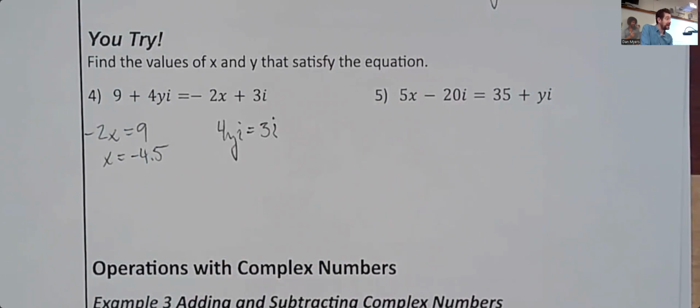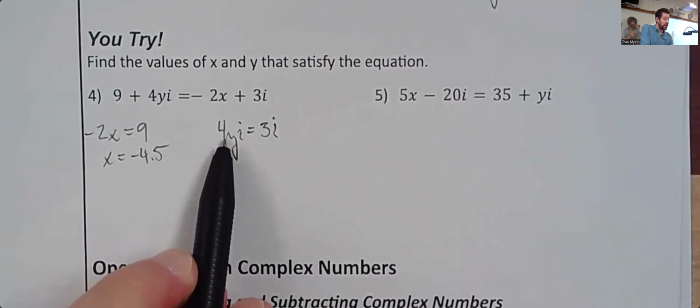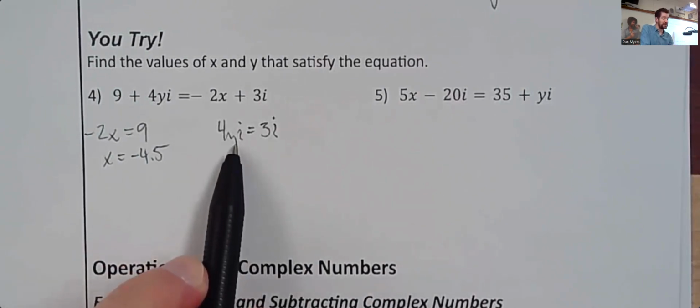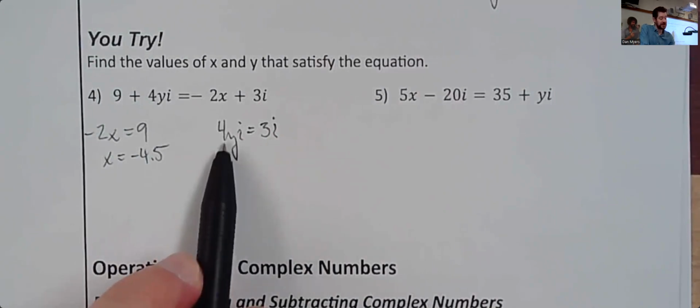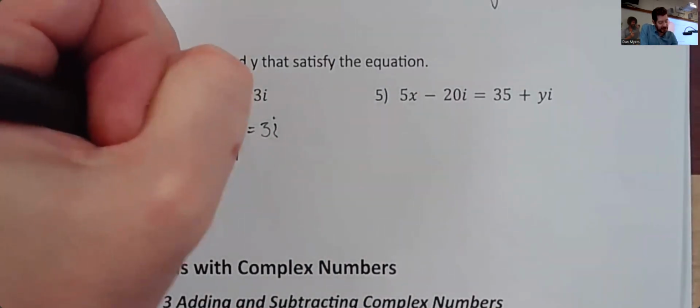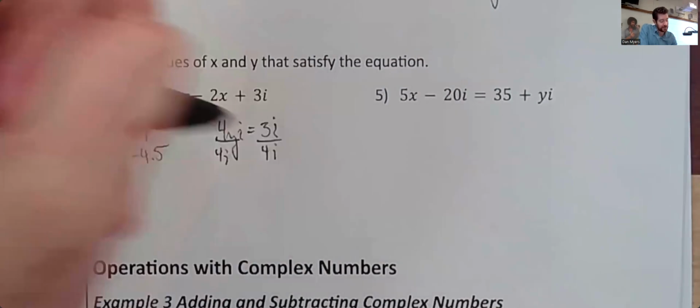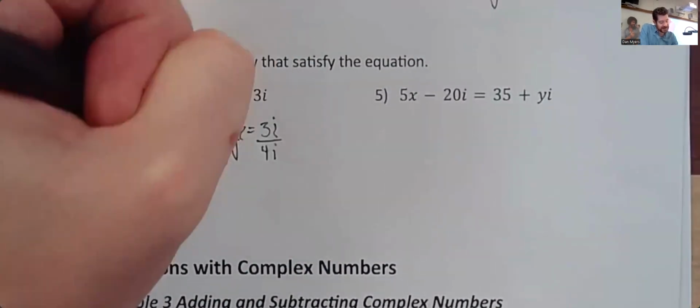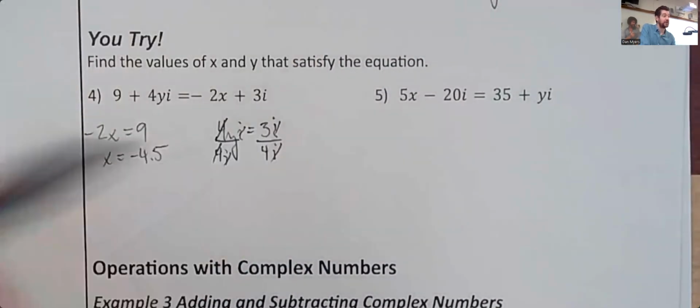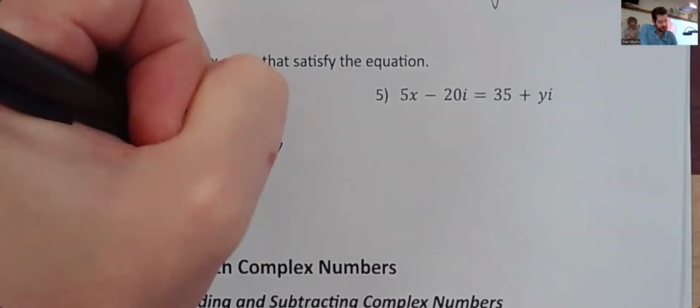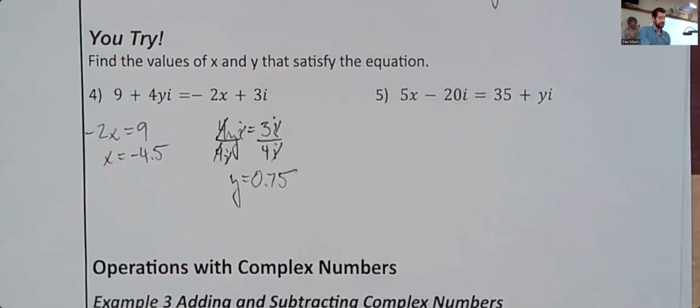We will divide by i and by 4, because y, the variable here, is being multiplied by both i and 4. So we can actually just divide by 4i and do everything in one step. So the 4's cancel, the i's cancel, and then you get 3/4, which is the answer, or 0.75. There you go.